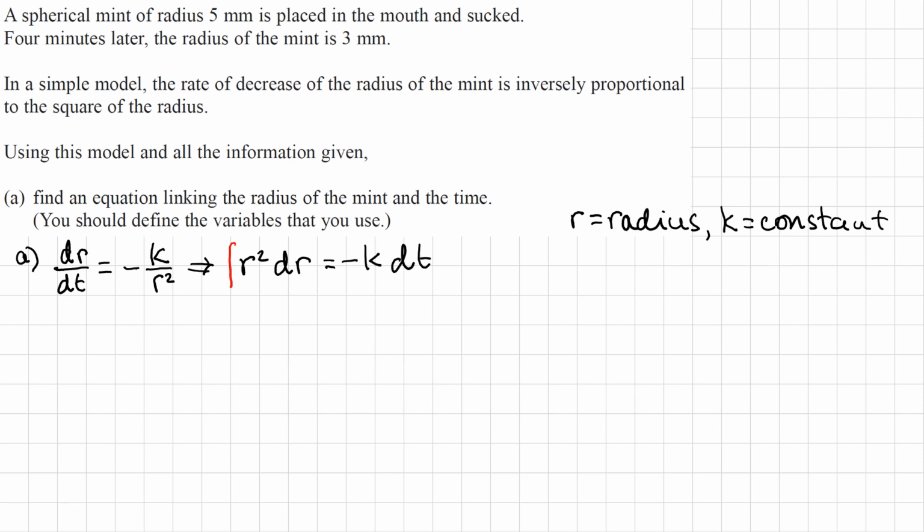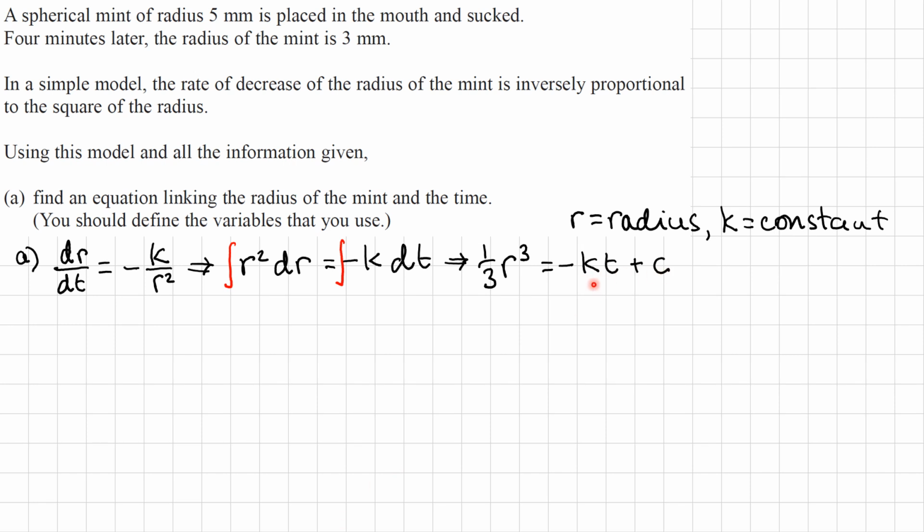I'm now going to integrate both sides like this. The r squared will become 1/3 r cubed, and the negative k integrated with respect to t will become negative kt, and then I'm going to have plus c, my constant of integration.